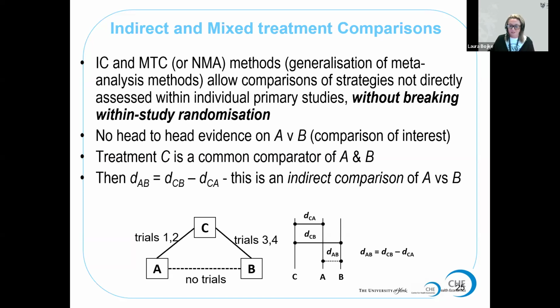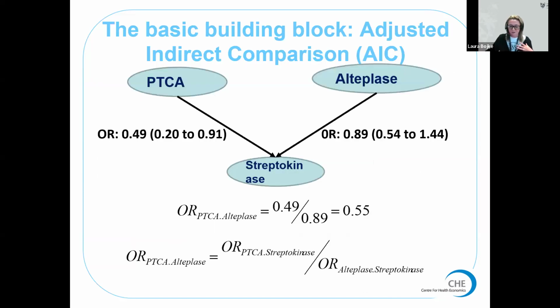Basically you take this treatment effect and subtract the other treatment effect to determine the treatment effect that you might expect for A versus B. I'll go on to some of the assumptions behind that, which are fairly strong assumptions, but it allows us to make some conclusions about what we may have expected in terms of relative treatment effects had that trial been conducted. Hopefully in the next slide, this will seem a little bit more real.